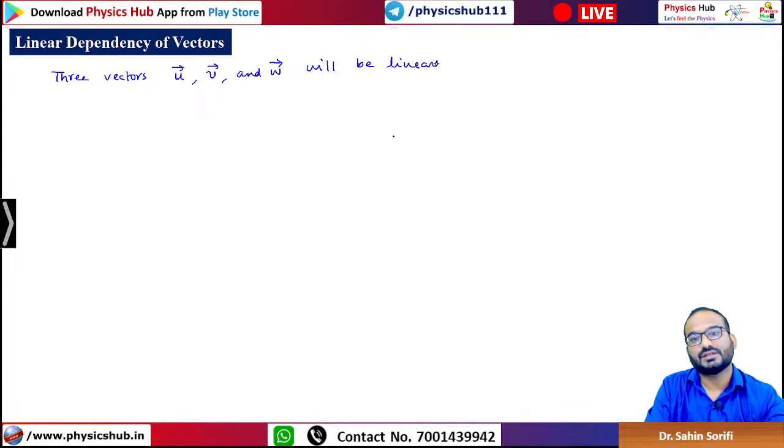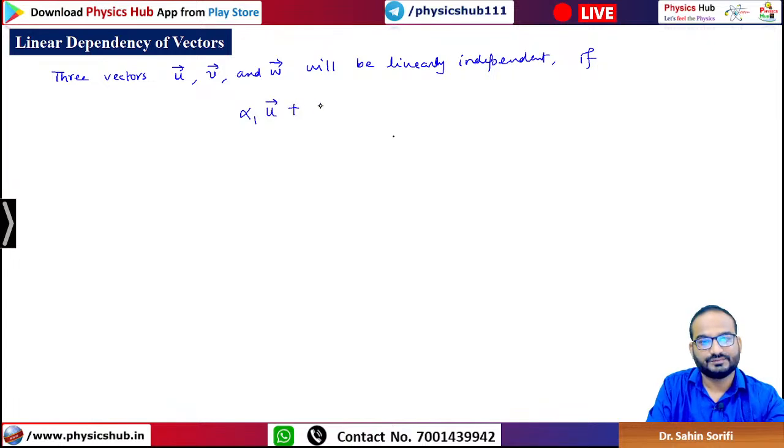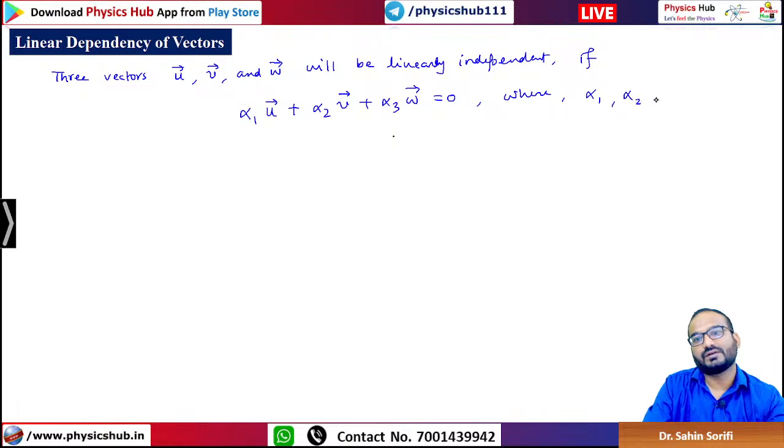They are linearly independent if they satisfy this criterion: some constants alpha 1 times u plus alpha 2 times v plus alpha 3 times w equals 0, where alpha 1, alpha 2, alpha 3 are all 0.